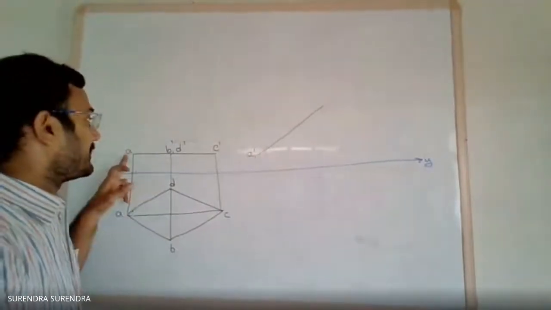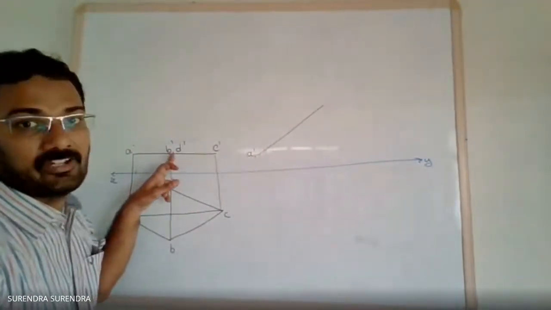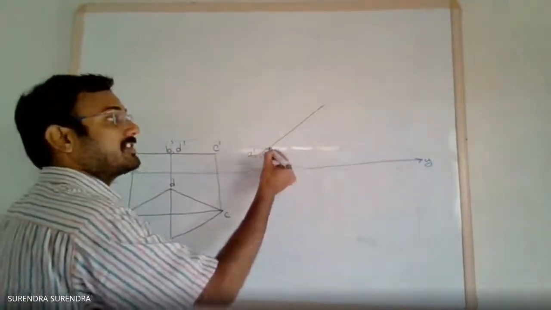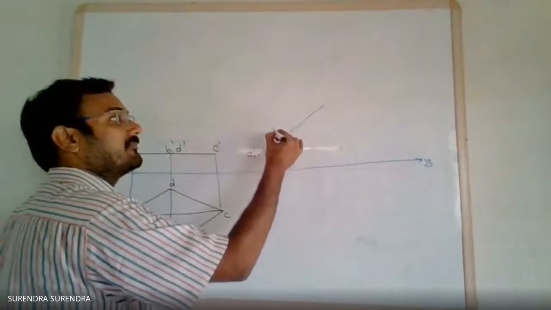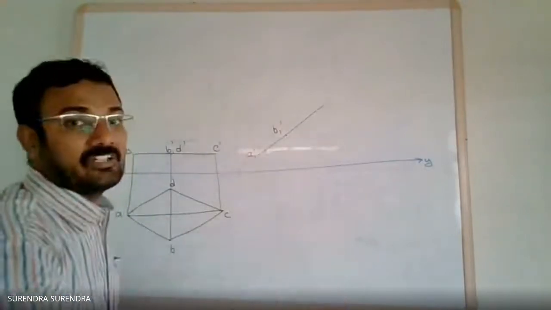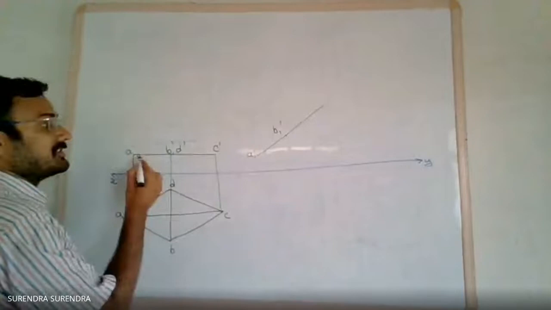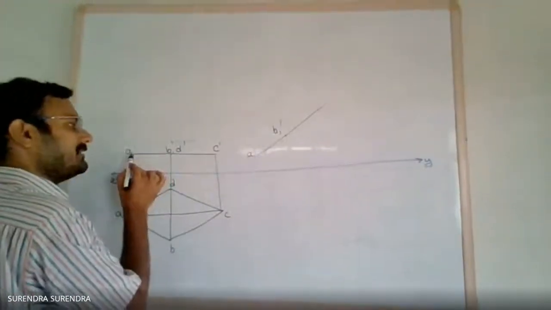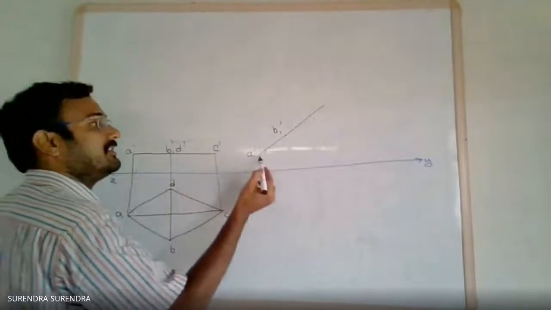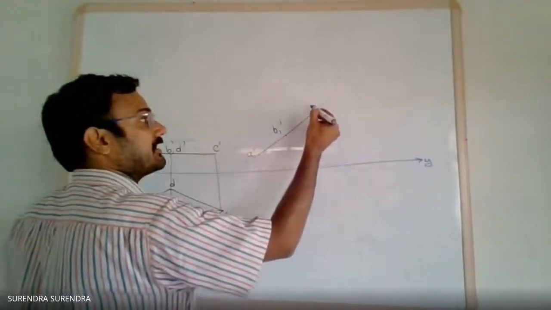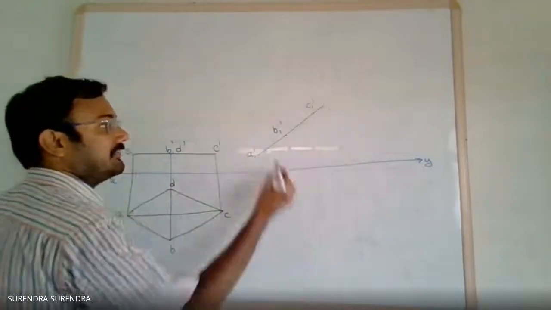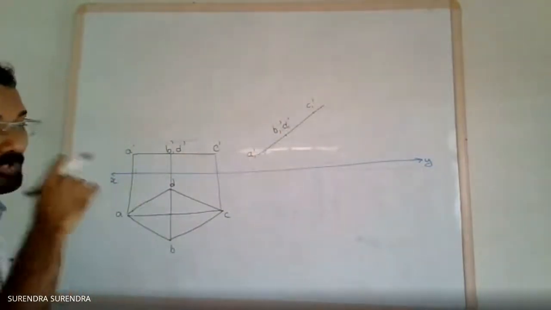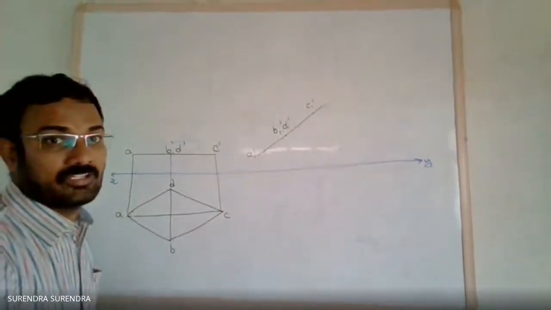Next, measure the distance from A1 dash to B1 dash. A1 dash to B1 dash distance measure చేసి, A1 dash as center arc cut చేస్తే B1 dash. Next, measure the distance from A1 dash to C1 dash. A1 dash center arc cut చేసి to get C1 dash. As B1 dash and D1 dash are overlapping, you'll get both of them at the same point.